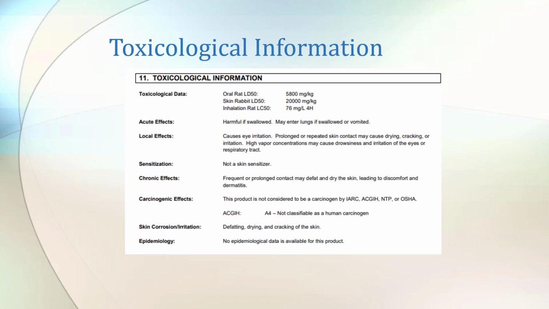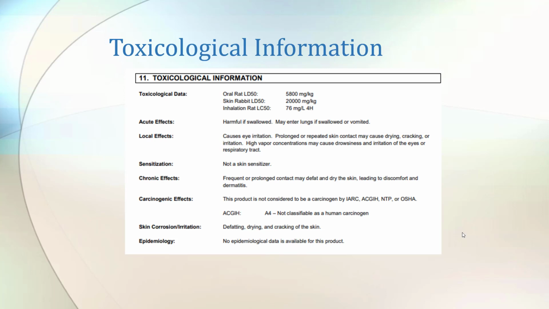Here's the toxicological information. And as you can see, we have a rat, a skin rabbit, and an inhalation rat, LD50. And remember what LD50 means? That's the lethal dose. It'll kill 50% of the population.